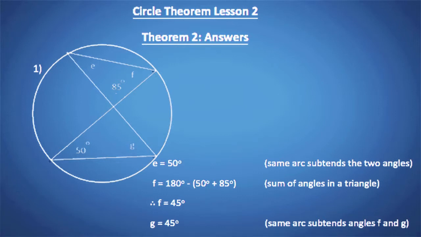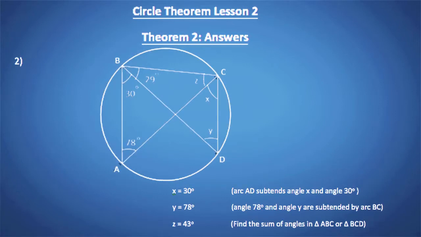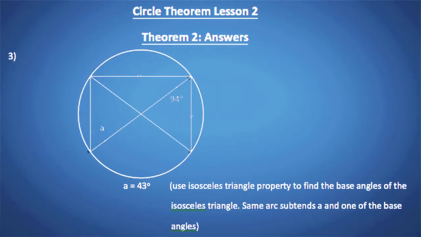Question 2. In question 2, we are finding the values of X, Y, and Z. The value of angle X is 30 degrees. The value of angle Y is 78 degrees. The value of angle Z is 43 degrees. Question 3.